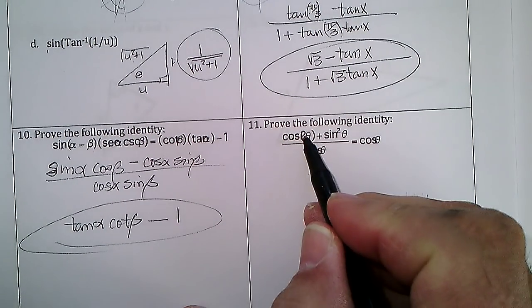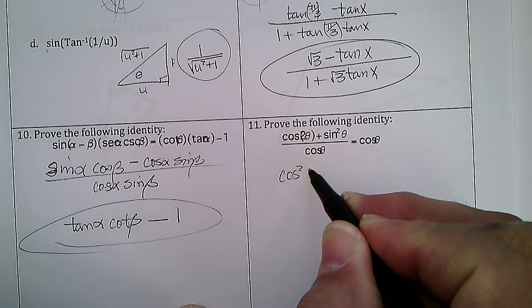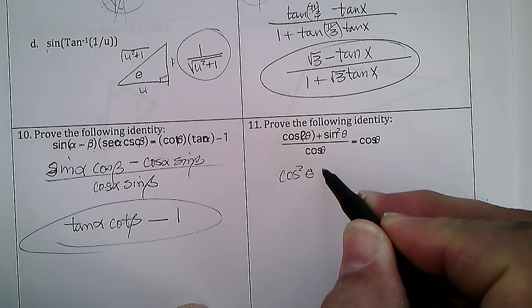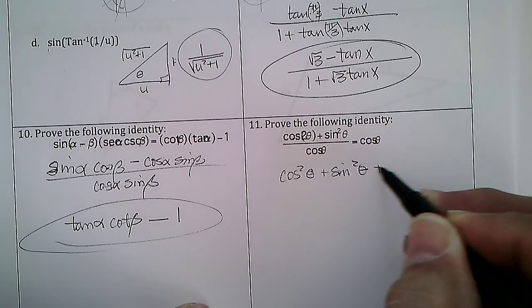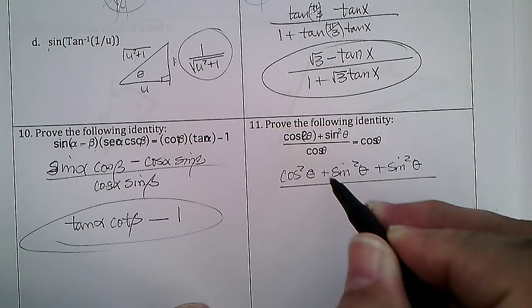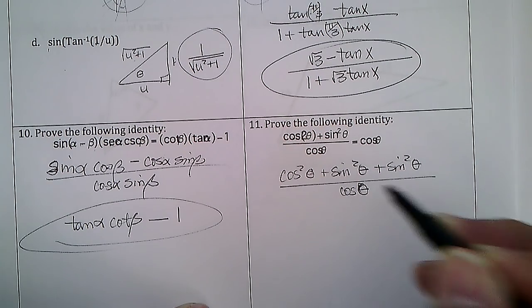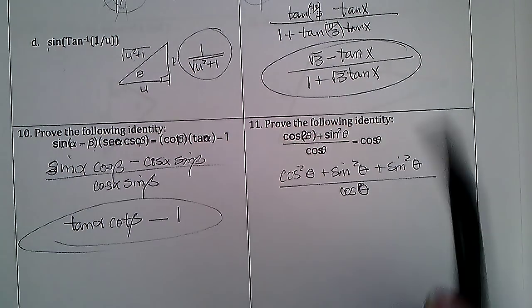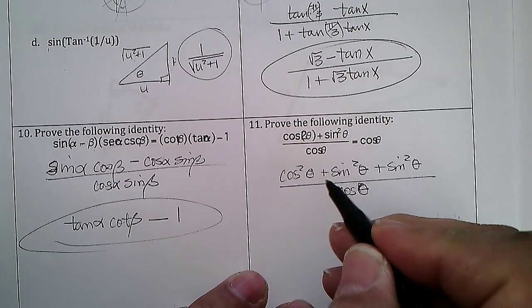Okay, cosine 2 theta. So that's cosine squared theta, plus sine squared theta, plus another sine squared theta. That's one formula we have for this, over the cosine of theta. Well, cosine squared, no, this is minus.